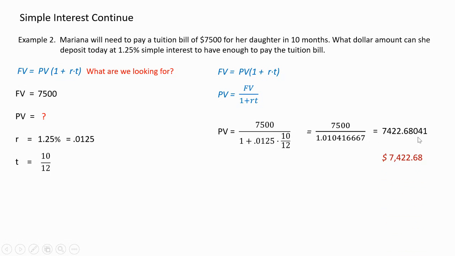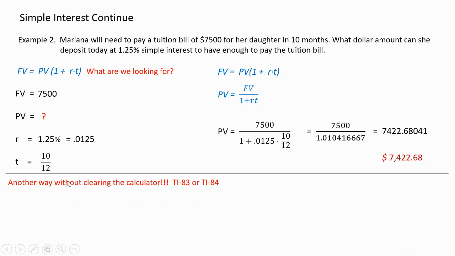They always want you to round off to the nearest penny, which is always two decimal places. Why? Because the 6 is where the dimes go, and the 8 is where the pennies go. So it's going to be 68 cents. Now, another way without clearing the calculator. If you do it this way, you have to be calculator savvy in order to put it all in one shot.